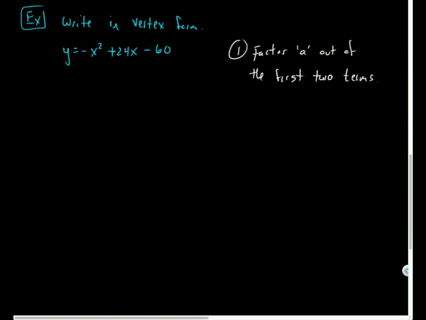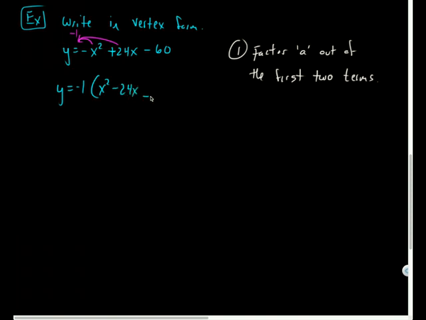I'll show you what I mean by that. So a is the negative 1 here, so out of these first 2 terms, I'm going to factor a negative 1. And I'll have y equals negative 1, parentheses, x squared minus 24x.